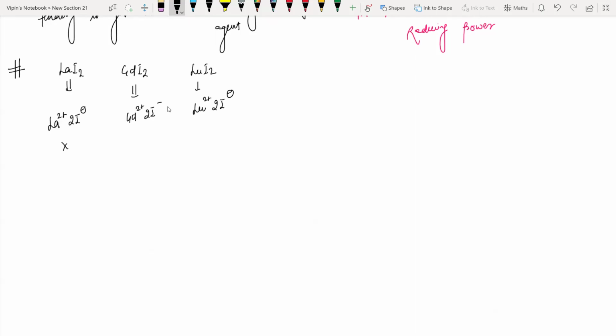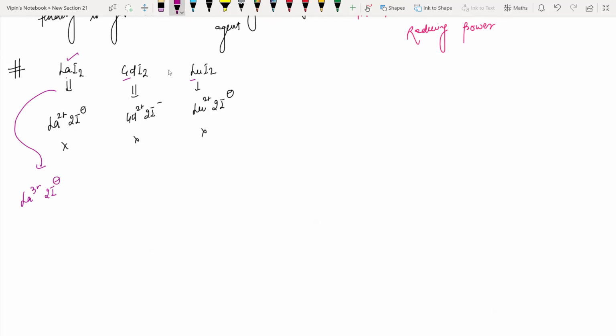But this is incorrect. Why? Among lanthanum, gadolinium, and lutetium, none of these lanthanides is going to show the +2 oxidation state. They show only the +3 oxidation state. It means this compound is like this: La3+, 2I-, right?